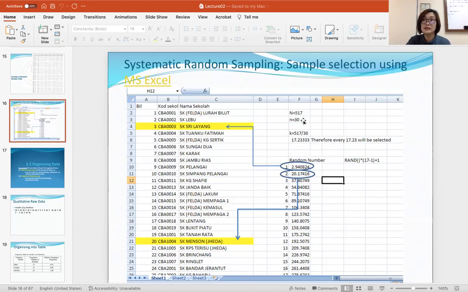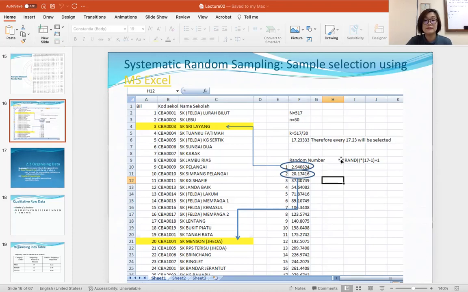divide into 30. So I divide them by 30, and I get 17.233. Therefore, every 17.3, or I round it up to 18, will be selected. It still depends on which one you want to start first.